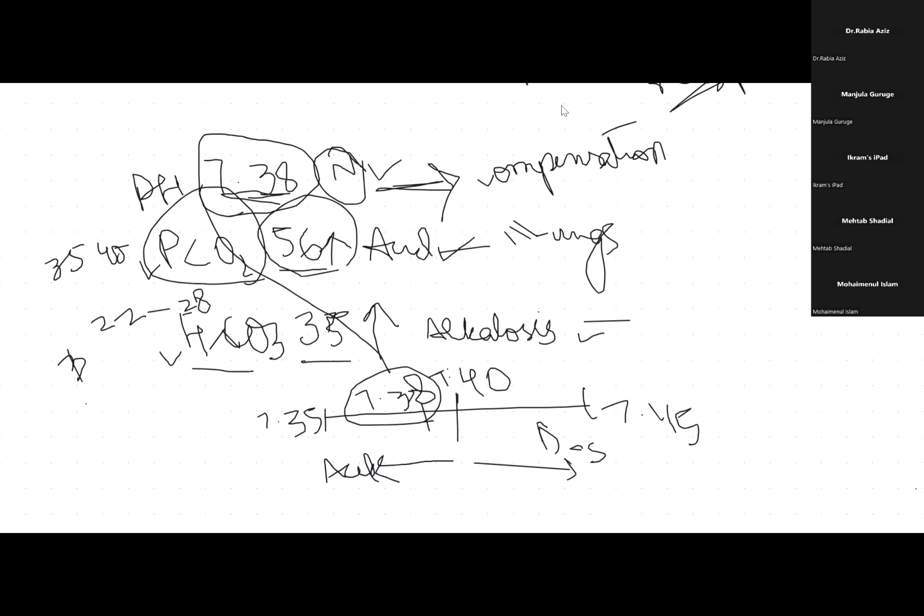So this is respiratory acidosis with complete compensation. Just because of the sweat, I am unable to write. My palms are sweating. This is with complete compensation. Understood?